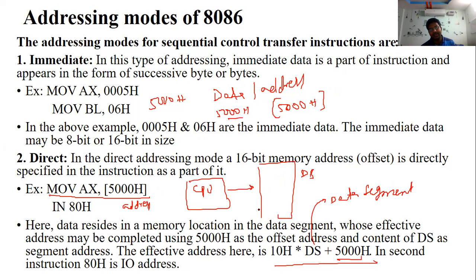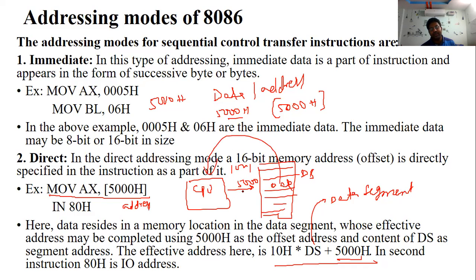In this data segment, for suppose, location 5000 has the data. Whatever data is present in this 5000 location comes back to the CPU.